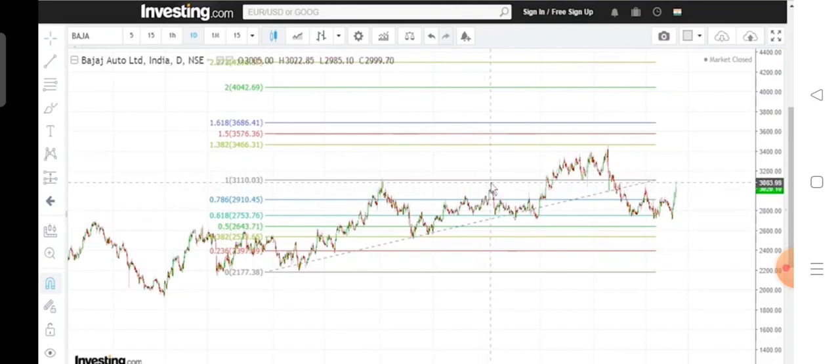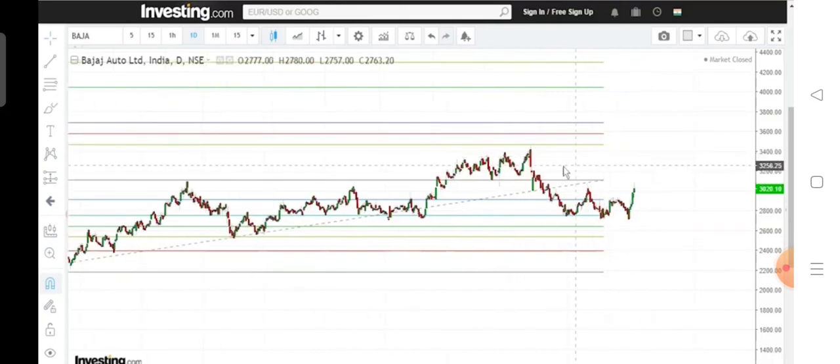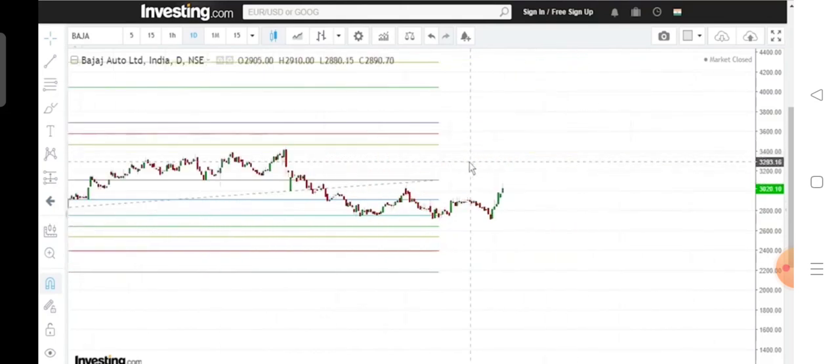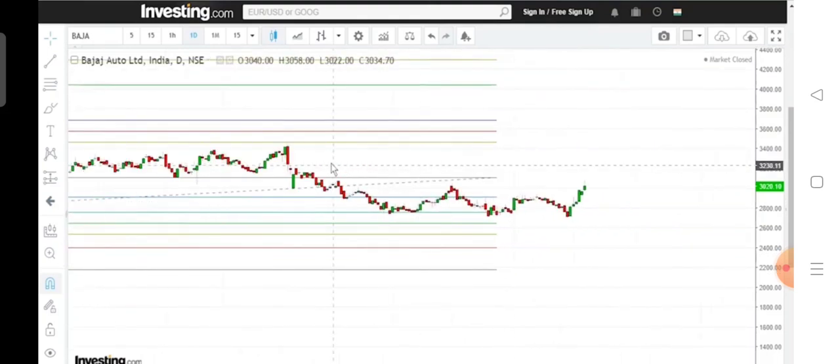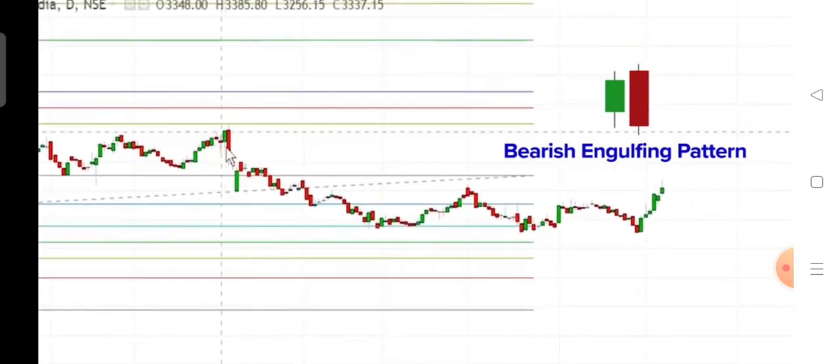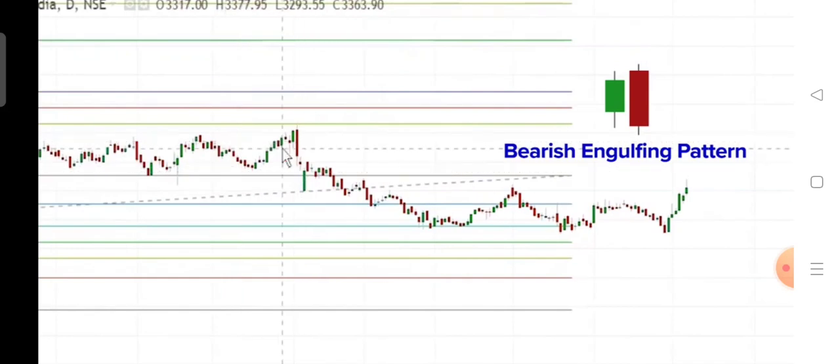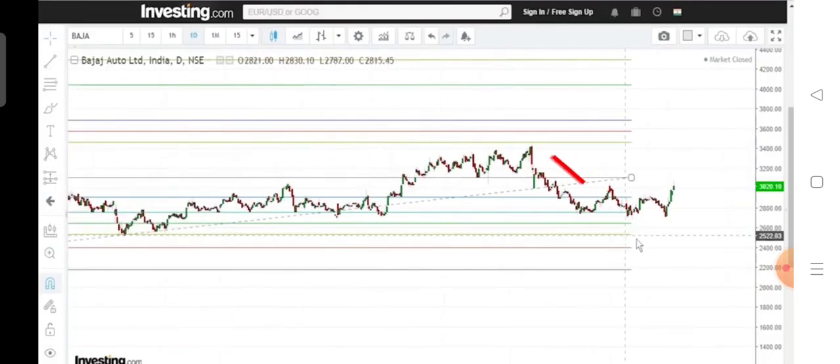Initially the market went to around 100%, it corrected a bit, but later it started taking support around that 100% line. So we understood that the market could go higher and it went higher, but once it went there, there was a very big candlestick pattern. As we can see, there was a very big bearish engulfing pattern, and after that the market actually reversed.